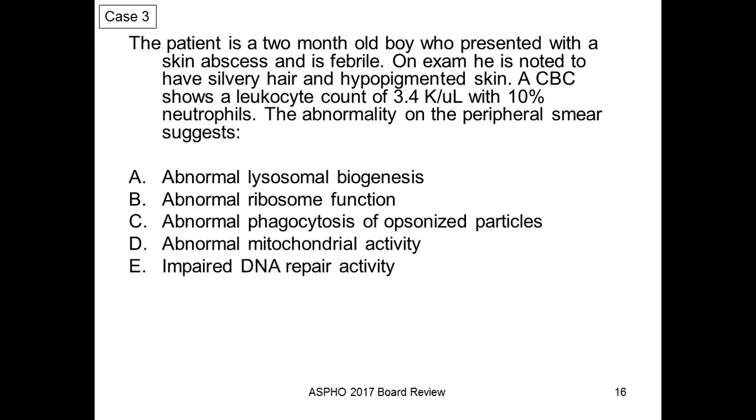His CBC is notable for neutropenia. So the abnormality on his peripheral smear suggests abnormal lysosome biogenesis, abnormal ribosome function, abnormal phagocytosis of opsonized particles, abnormal mitochondrial activity, or impaired DNA repair activity.